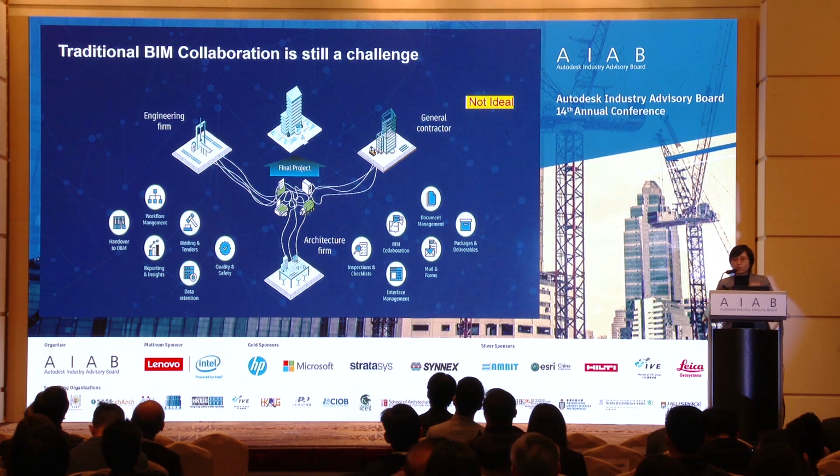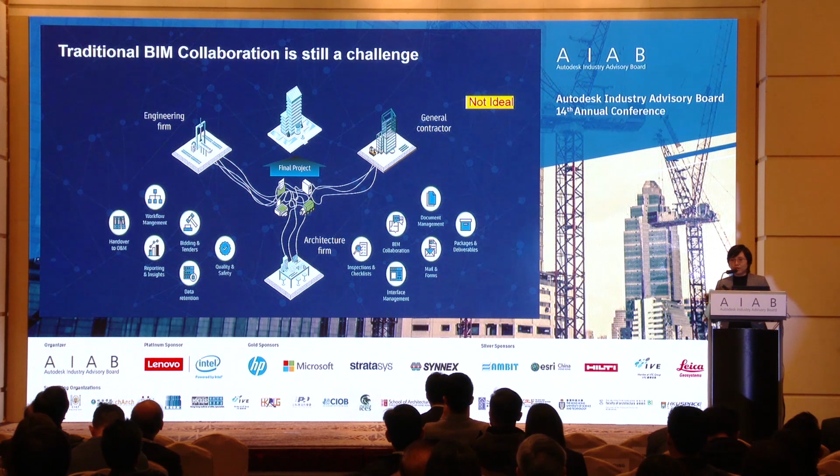Usually, when they start working in their own team, the architectural team working with the architects internally, it will have no problem. They are coordinated well. But once they have to launch the project to other teams, such as structural team and MEP team, it will become more messy.